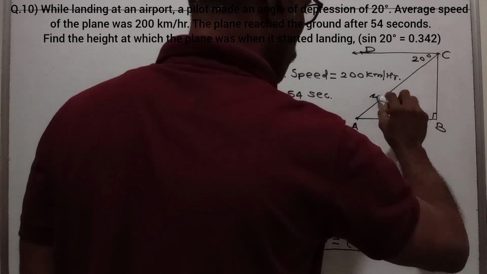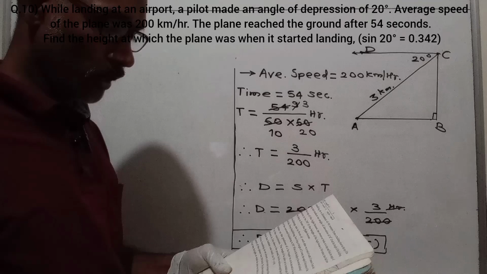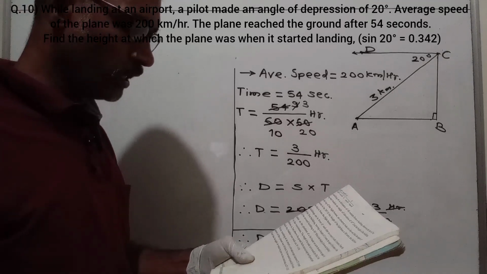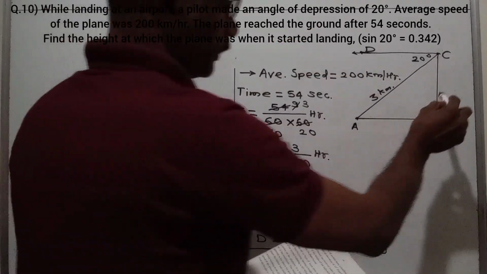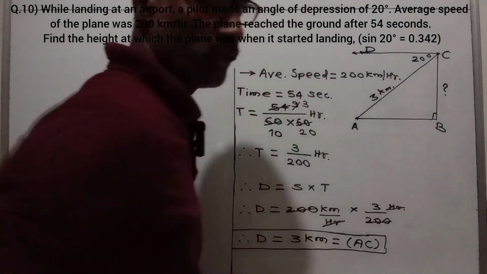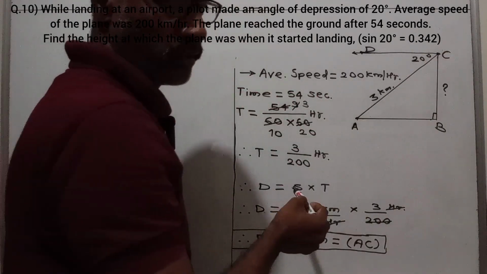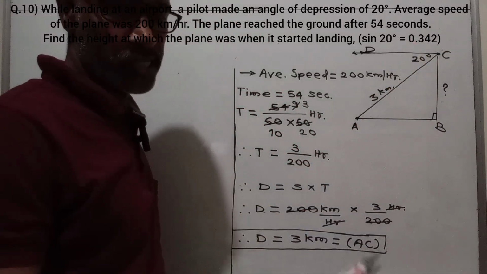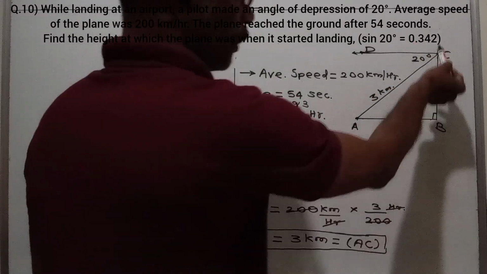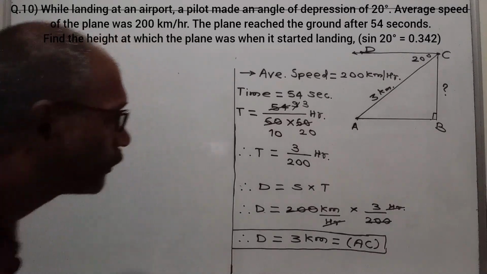Now this is 3 kilometer. Okay. Then see here, find the height at which the plane was when it started landing. Means find BC. Did you get it? Means from this point started landing. So find vertical distance from the ground. Did you get it?